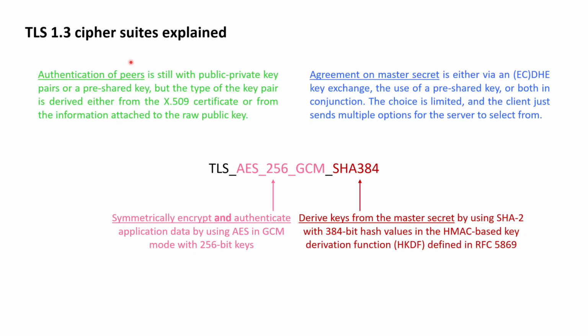Also, within TLS 1.3, the peers always agree on a master secret by either using the ephemeral Diffie-Hellman key exchange DHE or ECDHE or a pre-shared key.